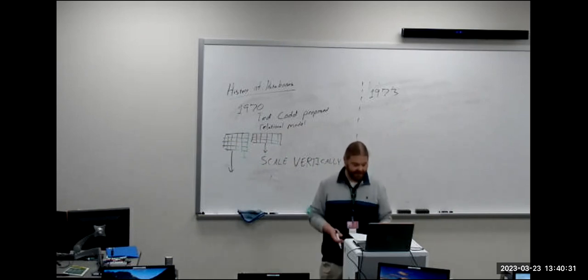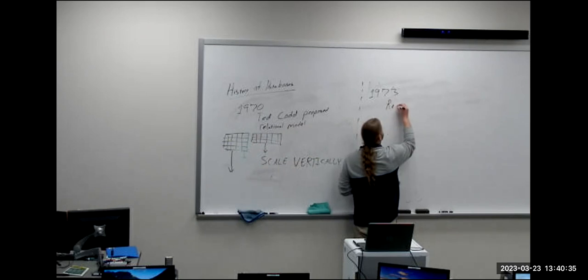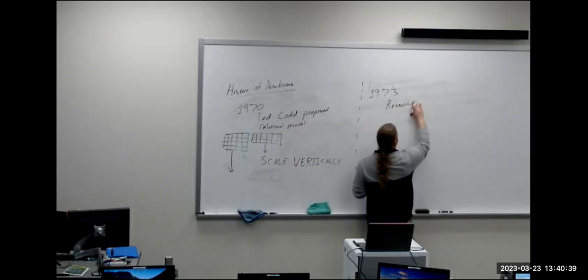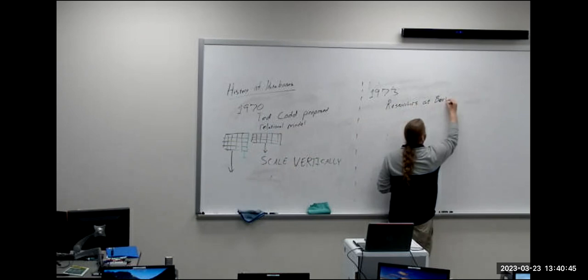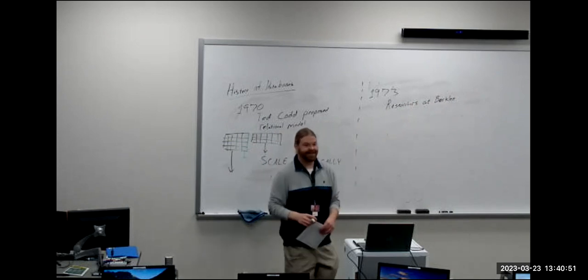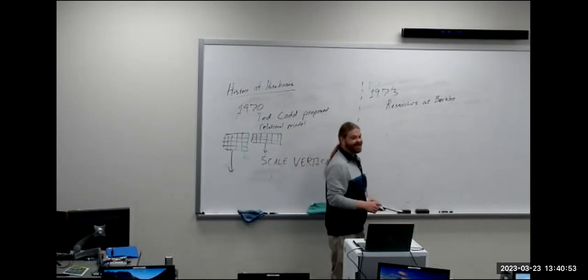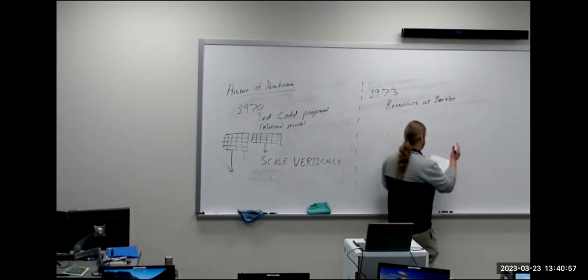And where was it? Did I write names down on this one? I didn't write names down, but researchers at Berkeley, the college in California, not the one in Massachusetts. The computer scientists, not the musicians. They implemented it.